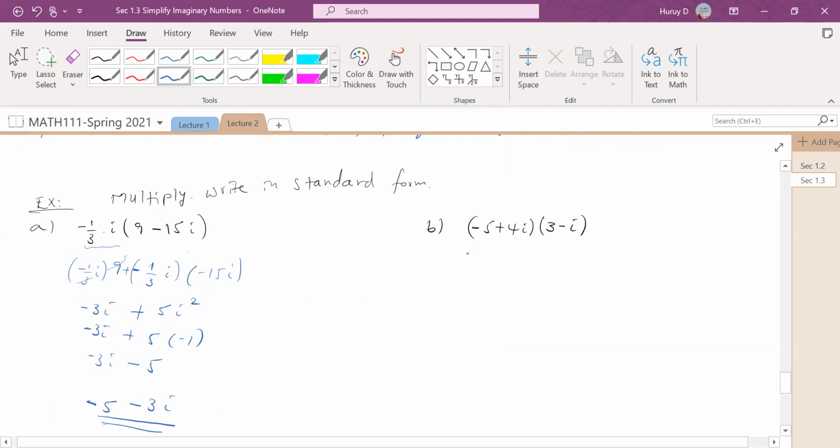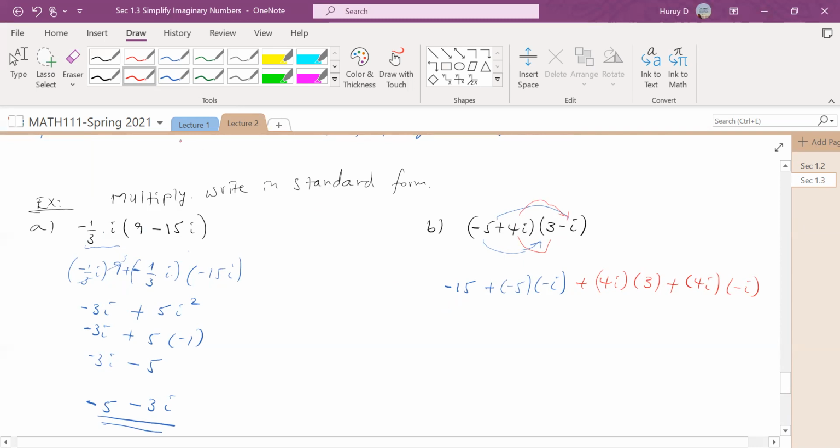Okay. And for this one, we distribute, multiply this by this one. -5 times 3 is -15. Multiply this by this, plus -5 times -i. Multiply this by this, plus 4i times 3, plus multiply this by this one, 4i times -i.